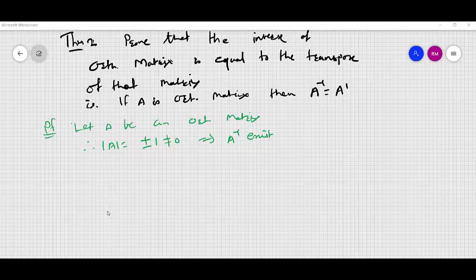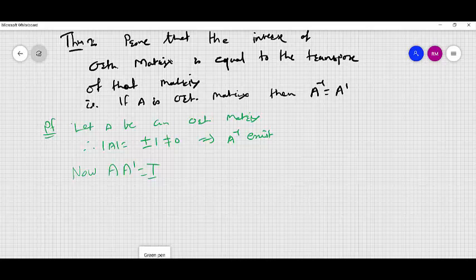Now, by the property of orthogonal matrix, A into A dash is equal to identity matrix.